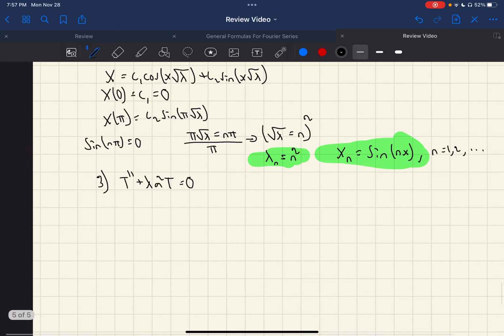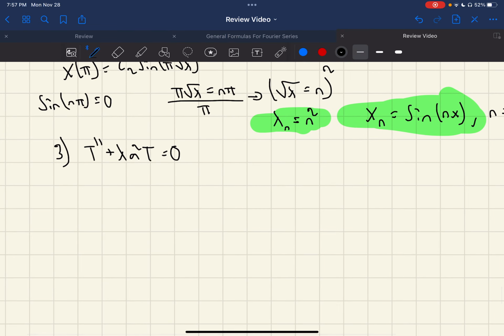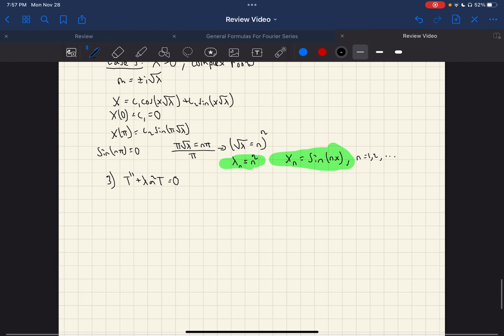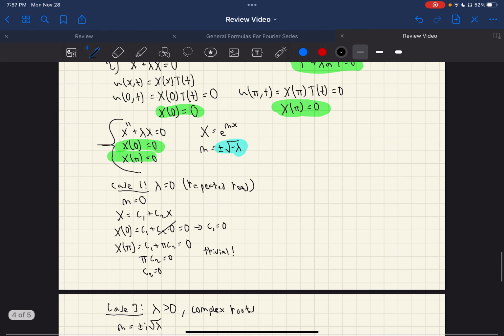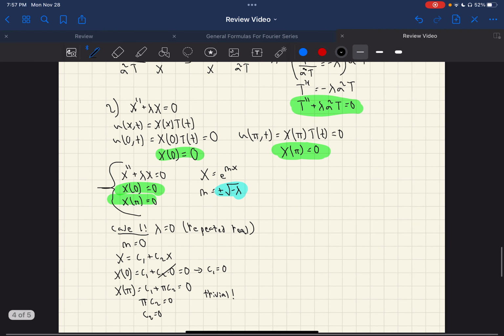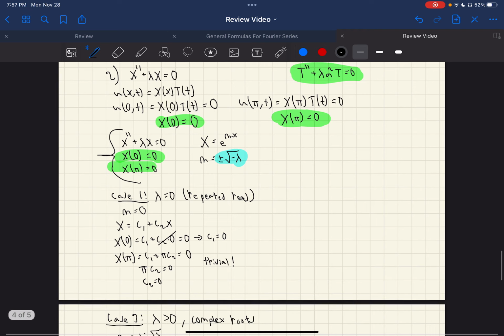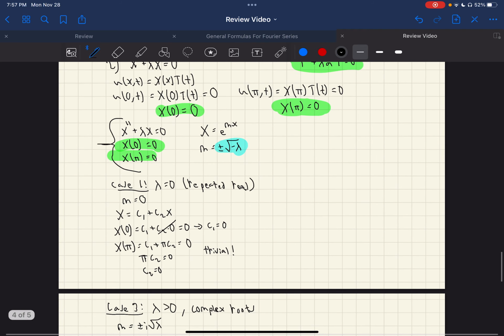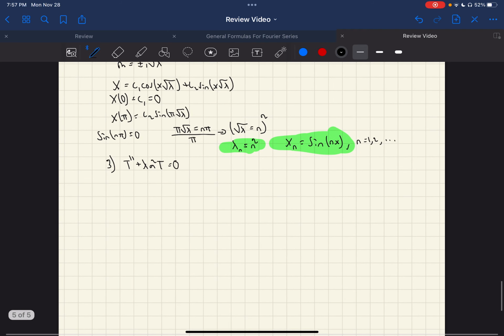Now, unlike our heat equation, our wave equation has a T double prime, which means we have to solve it in a similar way to the way we solved our X ODE. But this time we don't need to do cases, because we don't have conditions for that.